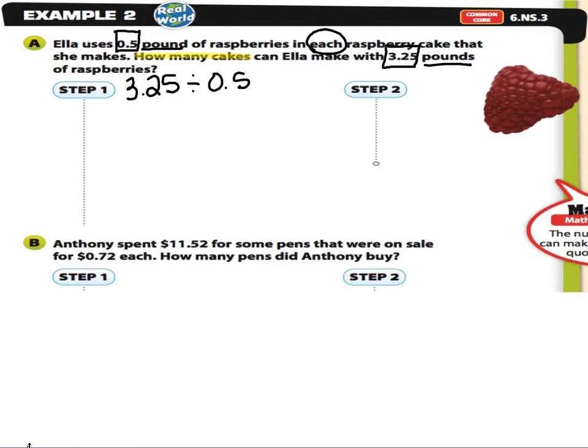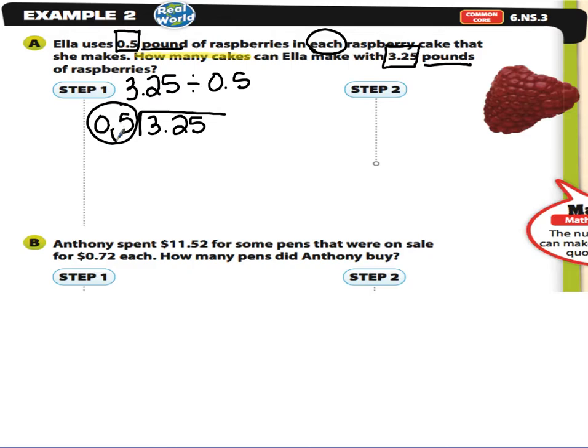So in this case, we're going to go ahead and set it up as long division. My divisor goes on the outside, my dividend goes on the inside. Now if you remember before, I said that on the outside, this divisor has to be a whole number when we divide. So in order to make it a whole number, my decimal needs to be to the right of the last number in the decimal.